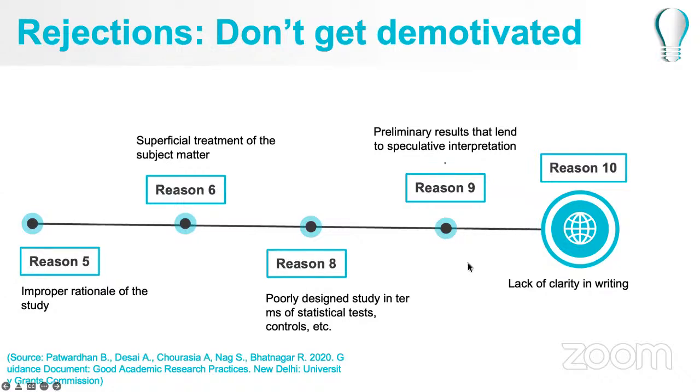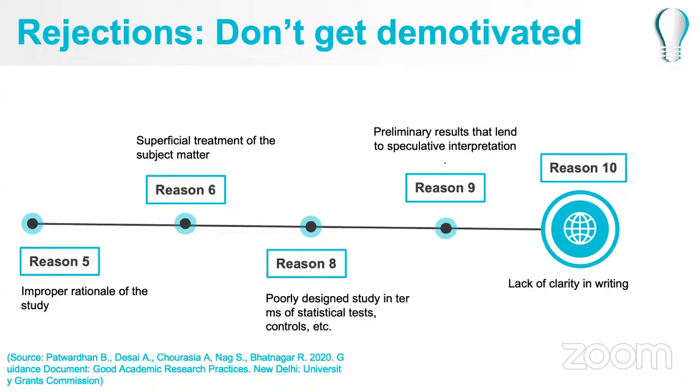Poorly designed study, in terms of statistical tests, for example if it has not been calculated properly or statistical analysis like SPSS has not been used. Some journals will take articles where such statistical tests are applied, while averages and percentages may not be considered by those journals, so this can be a reason for rejection.